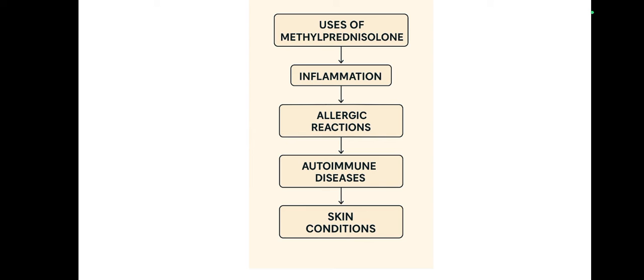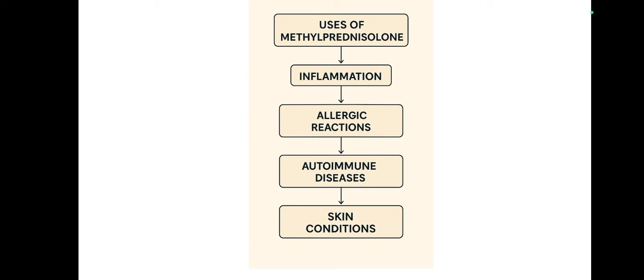Next, in case of different autoimmune diseases, we can also use methylprednisolone to suppress the immune system. By decreasing the inflammation, it suppresses our immune system. In autoimmune disease, our own immune system reacts and damages our own body cells.